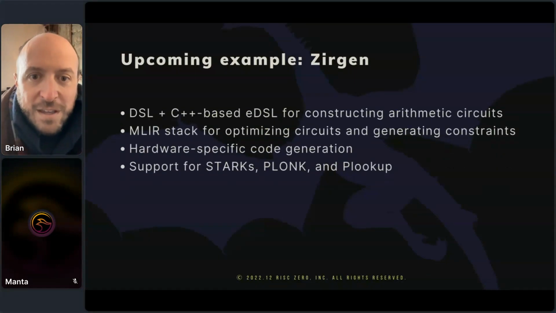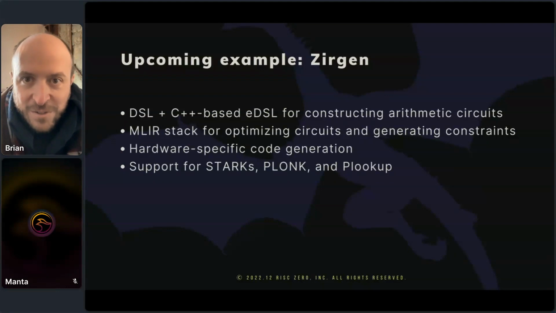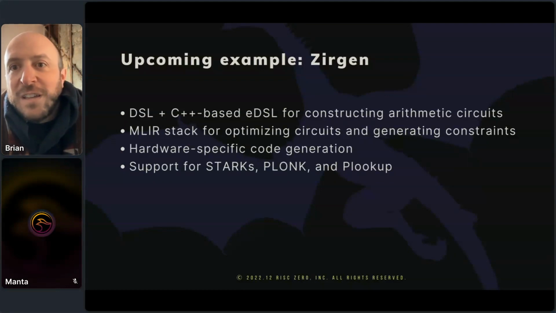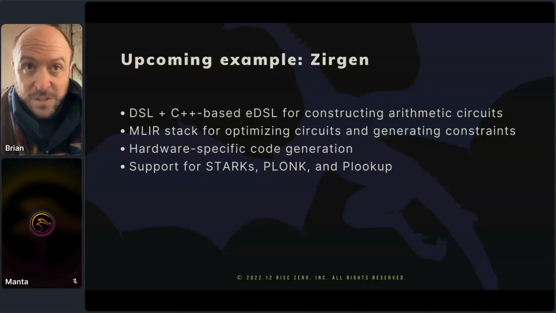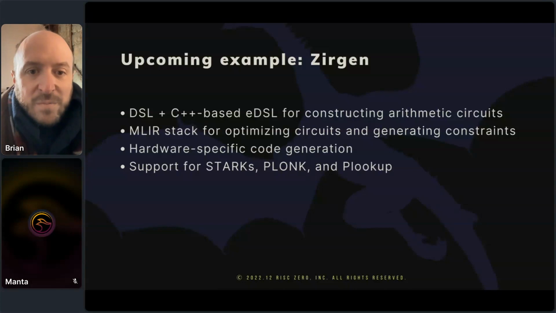We, at RISC Zero, use MLIR internally to build our circuits. We're working on a couple dialects and some passes that we will eventually release, as well as probably a DSL on top of that. But that part's not really the point of the talk.